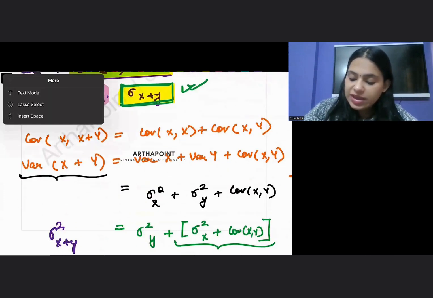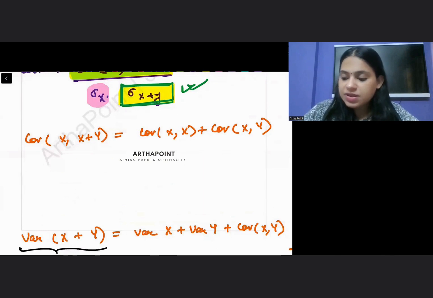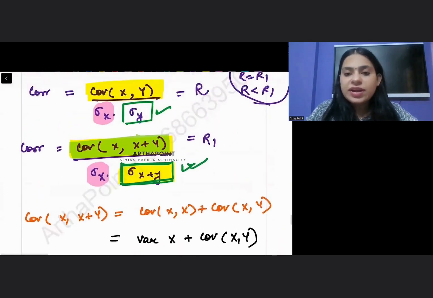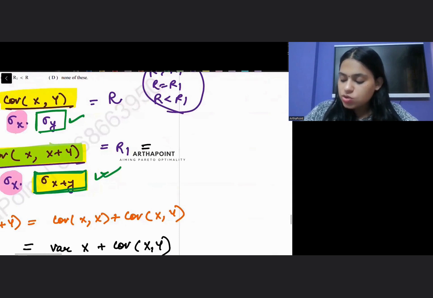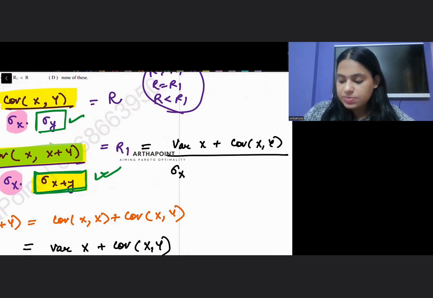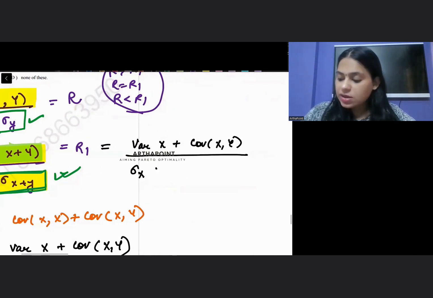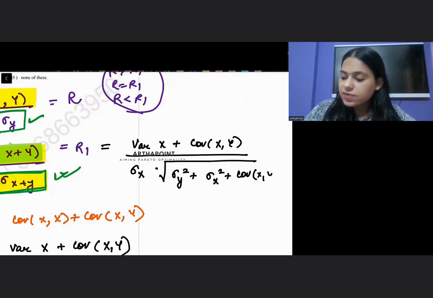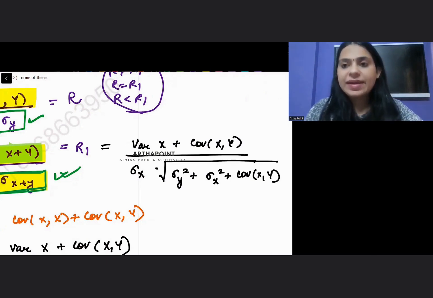So covariance of x with itself becomes the variance of x, plus the covariance between x and y. So R1 is going to be the variance of x plus the covariance of xy upon sigma x as it is, and sigma x plus y will be under root of sigma y square plus sigma x square plus covariance of xy. Am I clear with that?